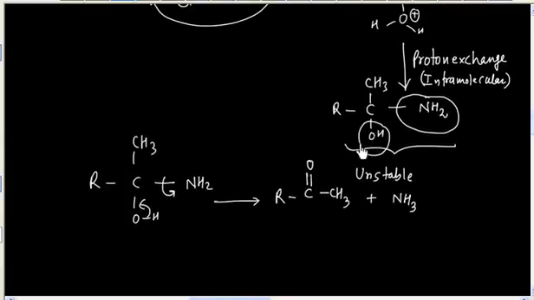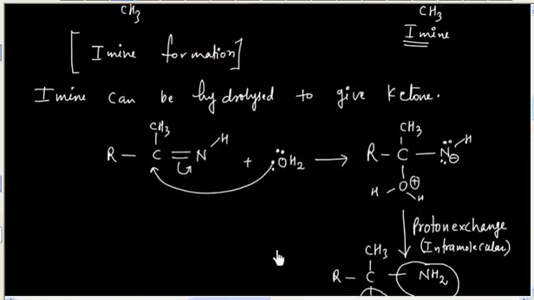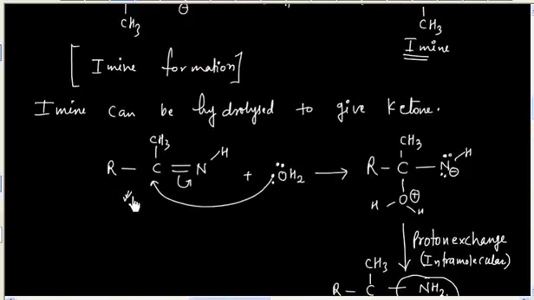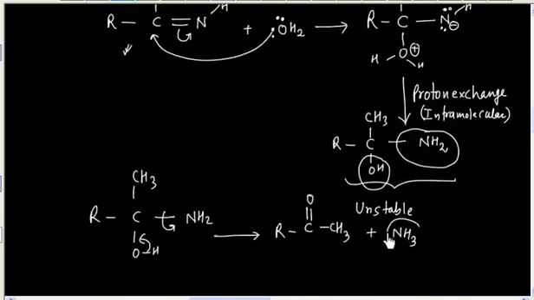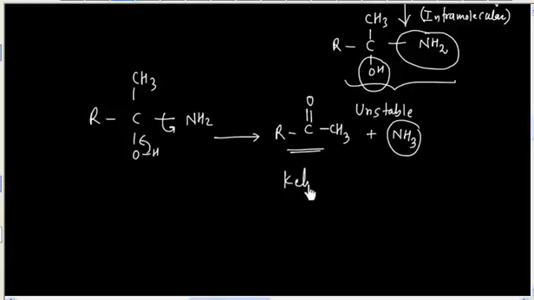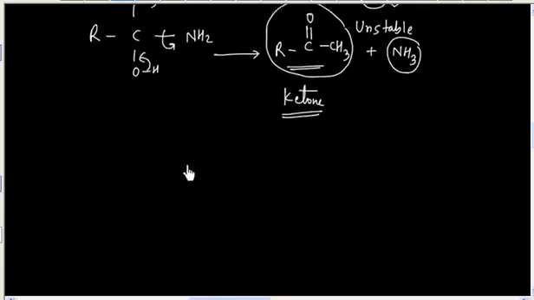If we remove H2O from here, OH and H, then we will have this product, that is reversibility. So if I remove NH3, we will get a new product, and this time we have a ketone. So finally, imine can be hydrolyzed to a ketone. So Grignard reagent can react with nitrile, and further hydrolysis will generate ketone.